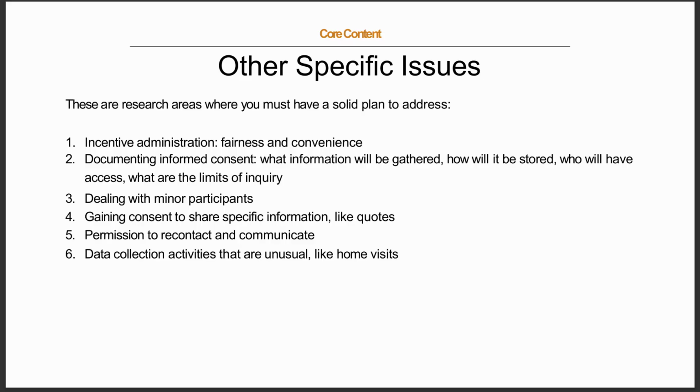Also, gaining consent to share specific information like quotes, permissions to recontact and communicate, and the activities that you're going to do for data collection that may be somewhat unusual, like home visits. You need to keep all of these things in mind when you are putting your research plans together.